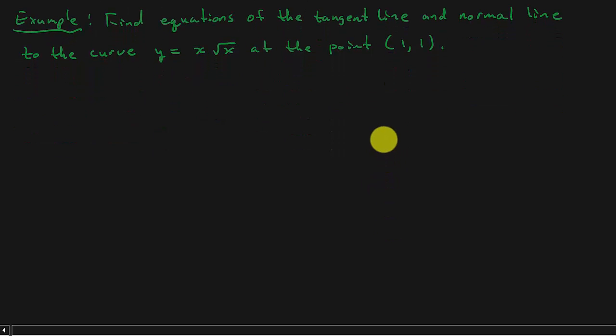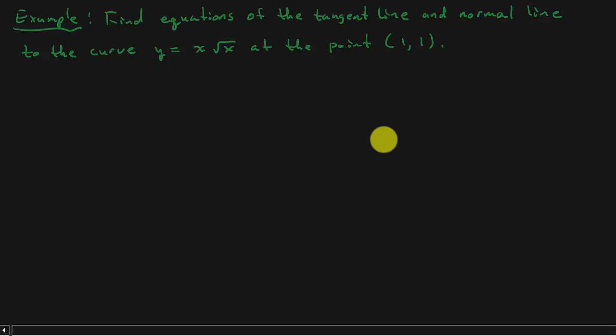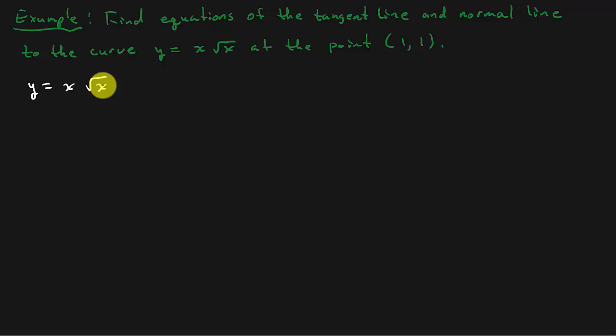Okay. All right. So here they want us to find the equations of the tangent line and the normal line to the curve y equals x times square root of x at the point 1, 1. So I get y equals x square root of x. What we have to do here is take the derivative.